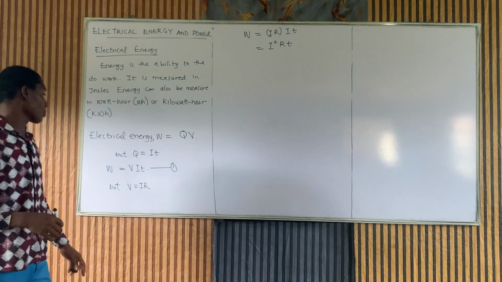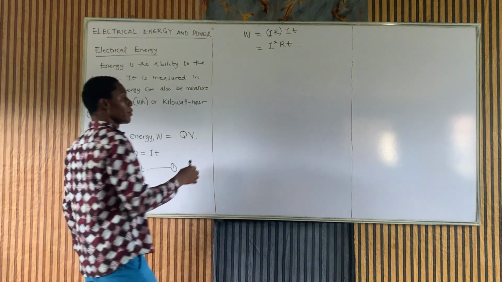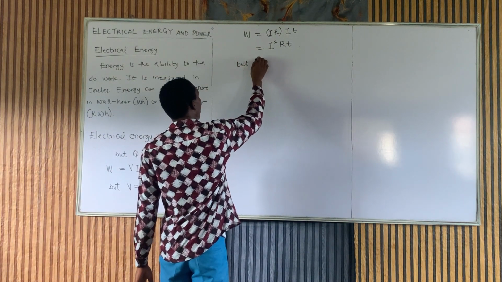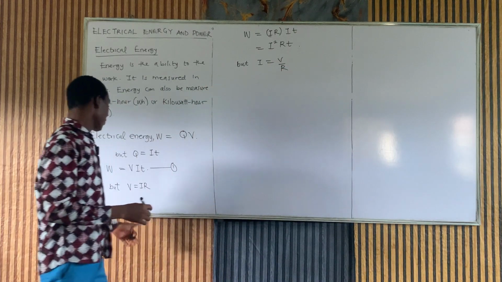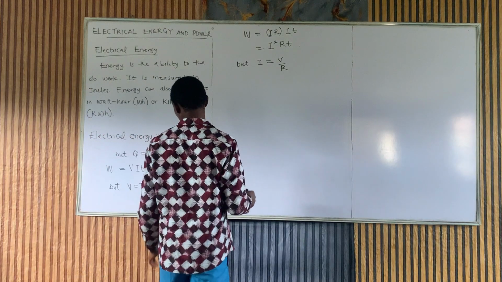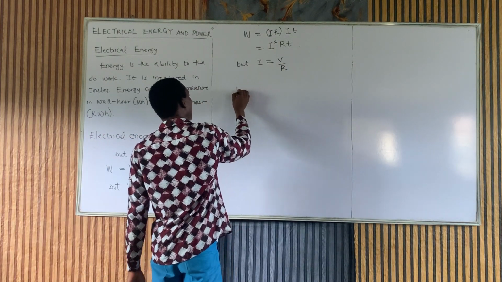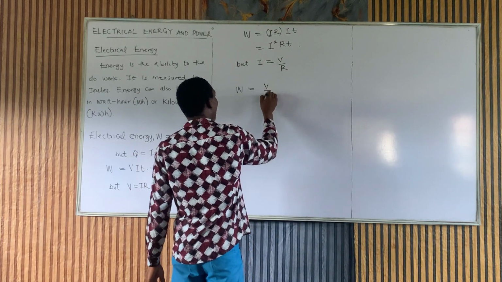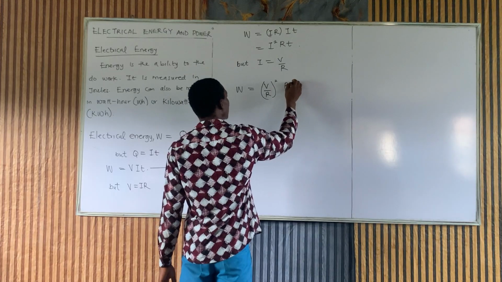Again, we can choose to substitute for I instead of V. We know that I itself is V over R. That's making I a formula here. If we substitute I here, we would have that work will be, instead of I, V over R, all squared, times RT.